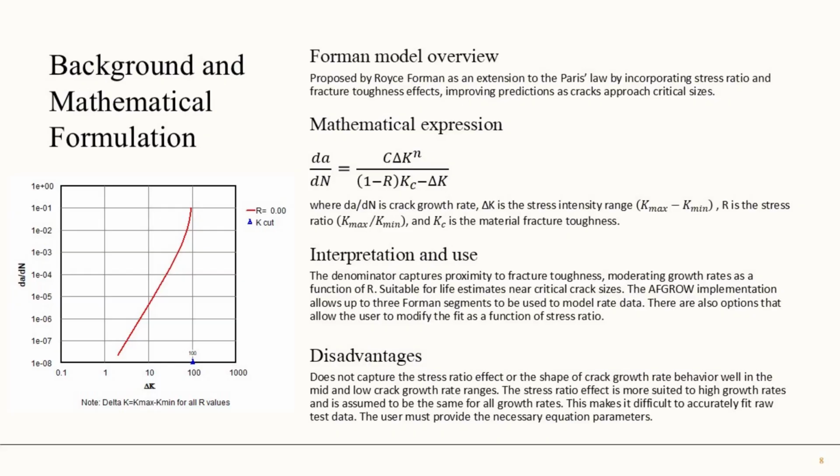In addition, it does give you some ability to look at what happens at the high end, so you're asymptotically going to failure as your delta K approaches the critical K. But there's no way to change the amount of shifting as you get closer and closer to an upper or lower limit. So it won't capture the behavior on the low end, the threshold behavior. Although in AFGROW, as I'll show in a second, we could use up to 3 segments to try to model the sigmoidal shape of the curve.